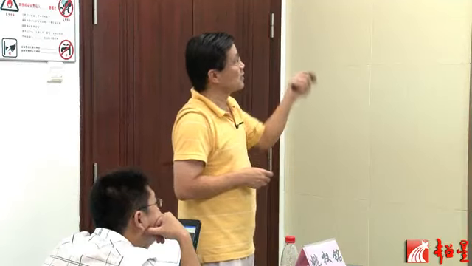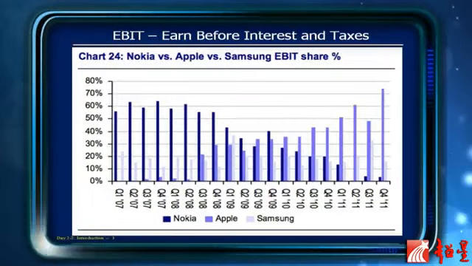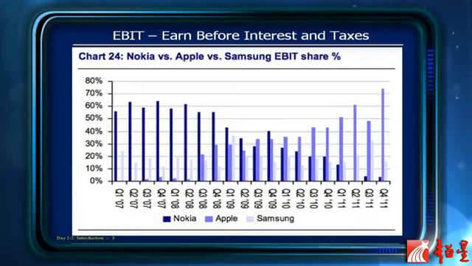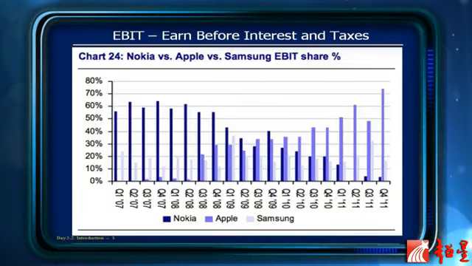I'm not sure these three companies have that problem. But Nokia, I have a Nokia phone here. This is the trend from 2007 to 2011, the percentage of their shares of the three companies, assuming they have 100% share together.